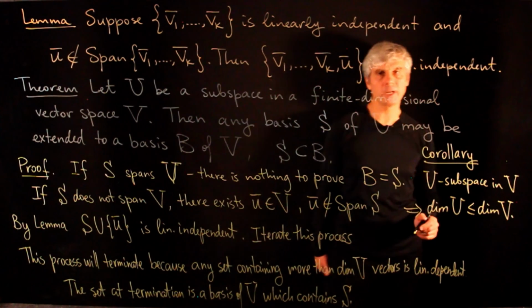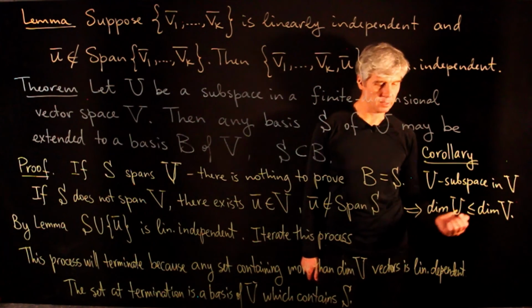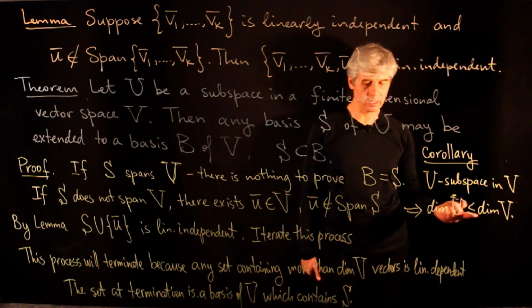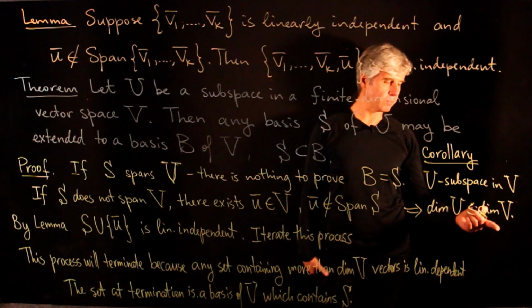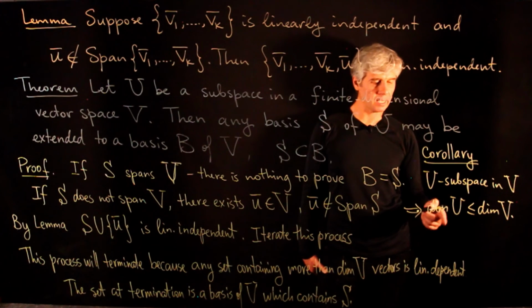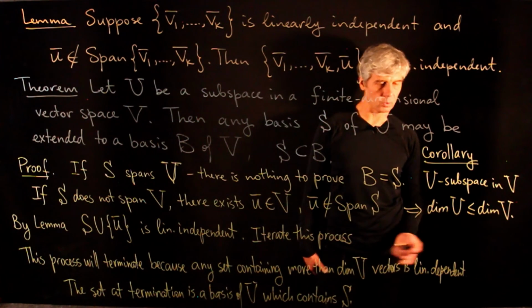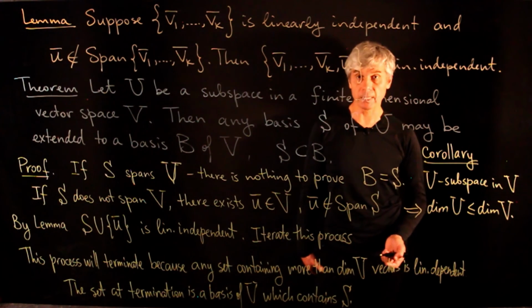So this means that the dimension of a subspace cannot exceed the dimension of a space. Well, this actually follows from our theorem that says that if a space is spanned by n vectors, then any k vectors where k is greater than n are linearly dependent. So this also follows from that result.